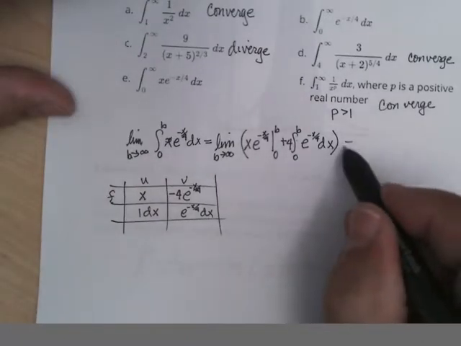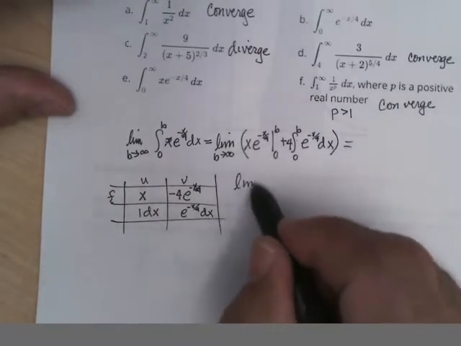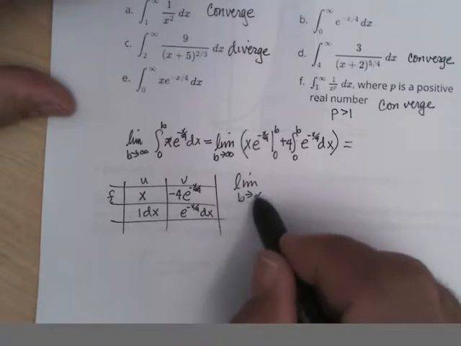And so then we'd have to go another time here and find the limit as b approaches infinity.